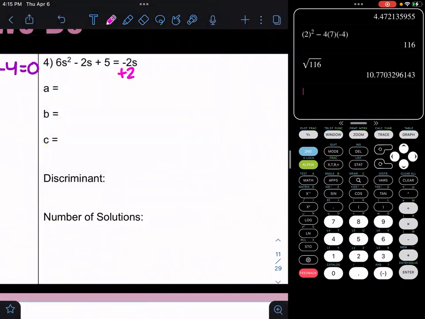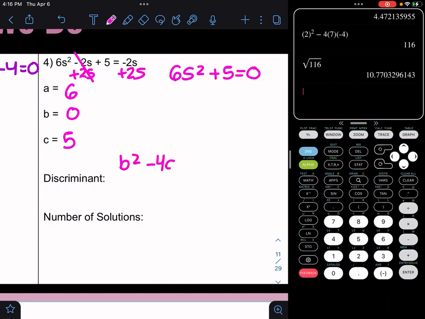Let's add the 2s to both sides. So I would get 6s squared, negative 2s plus 2s is 0, plus 5 equals 0. The number in front of the s squared is 6. The number in front of the s is 0 because there's no s. And then our constant is 5. Discriminant formula is b squared minus 4ac.